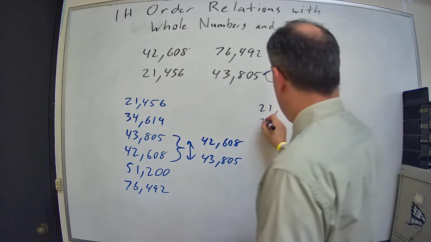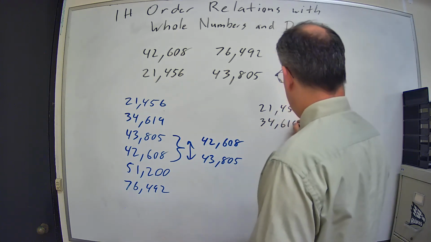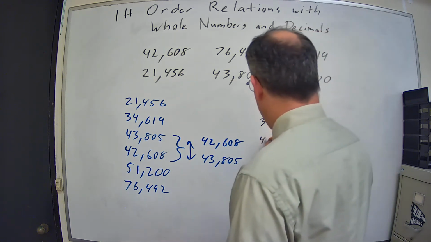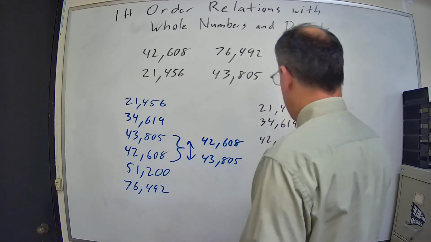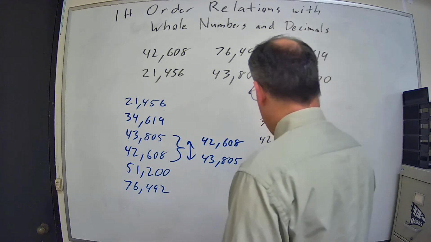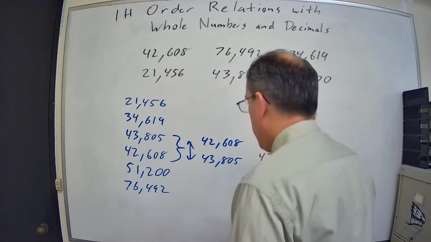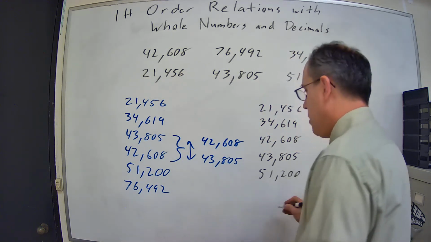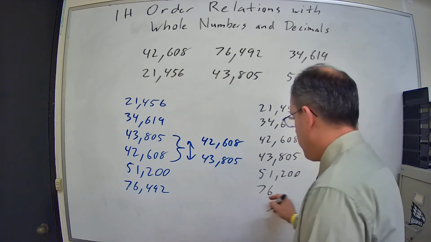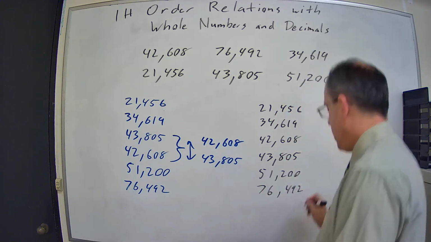21,456, 34,619, 42,608, 43,805, 51,200, 76,492.